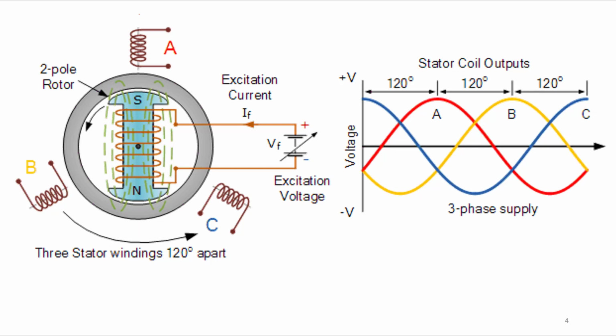Like suppose here the axis for phase A will lie here, then for phase B it will lie here, and for phase C it will lie here. As the rotation is in this direction, therefore it is lagging. We can see phase B is lagging to phase A and phase C is lagging to phase B. If the rotation is in this direction, clockwise, then of course B will be here, and then C, right?